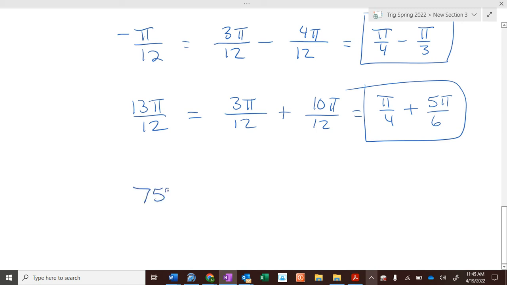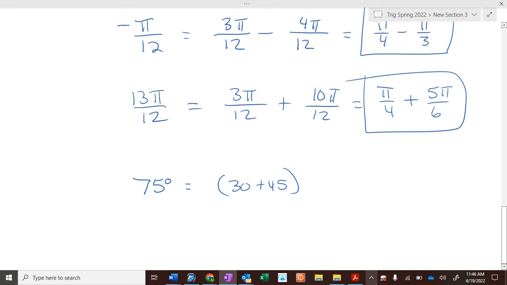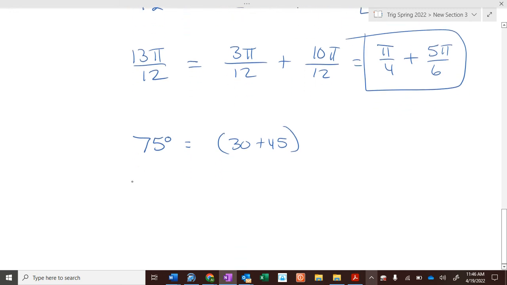Okay. So, if we have degrees, what units of degrees are on your unit circle that make 75? 30 plus 45. Ooh, that was pretty tough. Okay. What things are on your unit circle that make 195 degrees? Don't even worry about the pies.